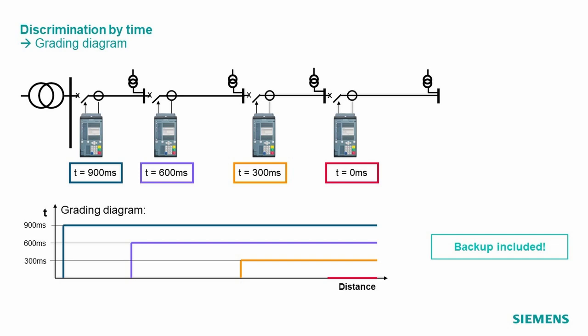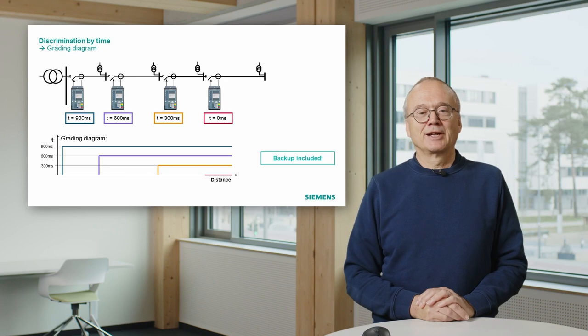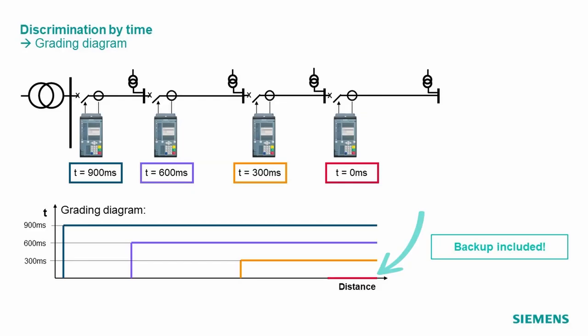And if you go to the rightmost area, you see if you have a fault there, it will be tripped in 0 milliseconds, the red line, because the last relay has a time delay of 0 milliseconds. And what you can also see, we have a backup included. That means if this relay doesn't work, or if the breaker doesn't work, a fault on the rightmost cable will then be tripped by the orange relay with a delay of 300 milliseconds.